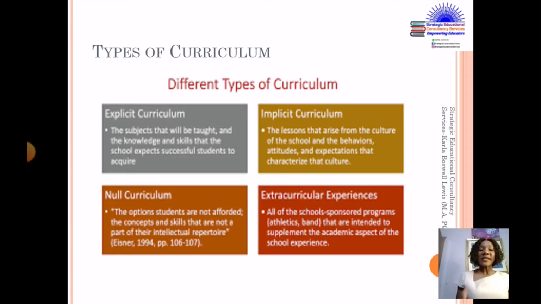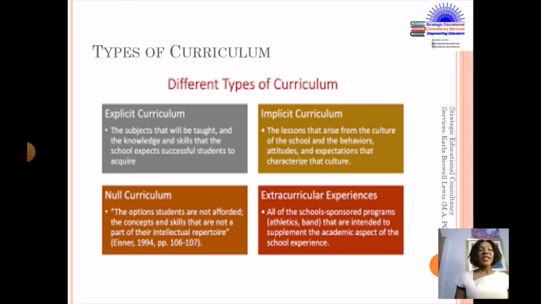We have the explicit curriculum, and this is where all the subjects will be taught and the knowledge and skills that the school expects successful students to acquire. So this is blatant, it is written, it is out there, and this is what the students will get when teachers go to the class to teach them.